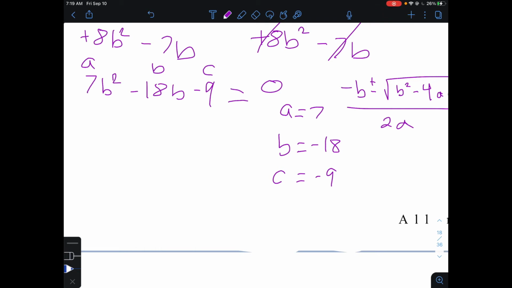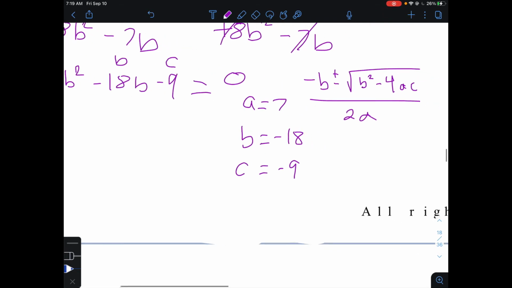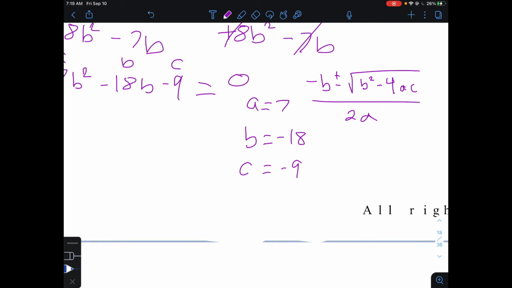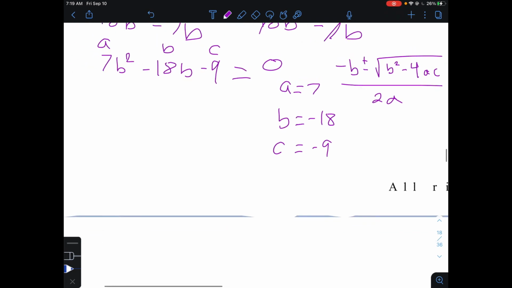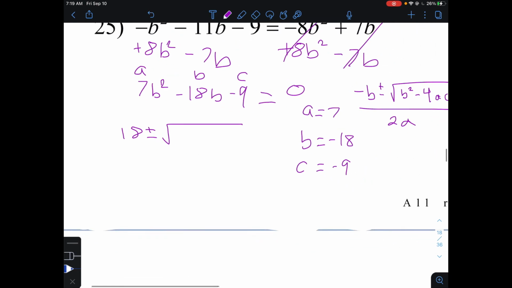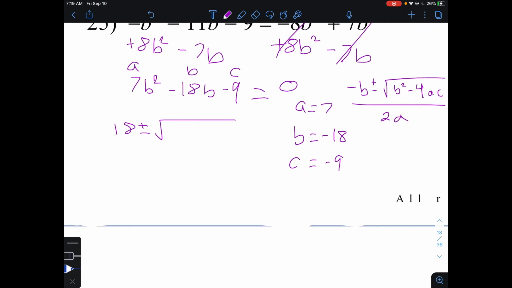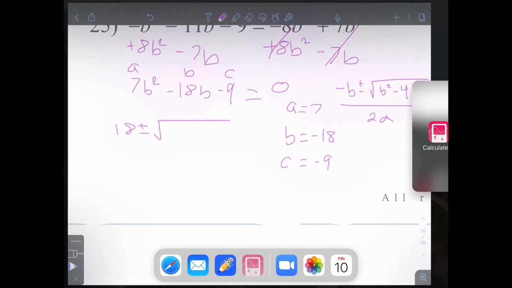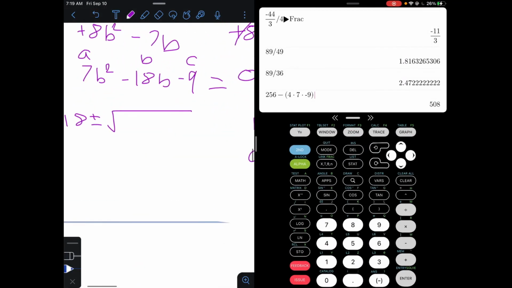So then we're going to go ahead and plug these into the quadratic formula. Now with -b, what I always say is you do the opposite of b, right? Because it's -b, so you switch the sign. So if I have a -18, it's going to become a +18. And then I'm going to do plus or minus the square root. And then I've got b squared. I'll get out my calculator to show y'all.